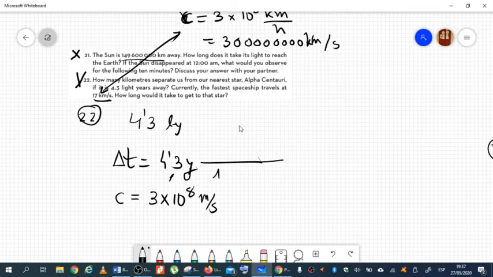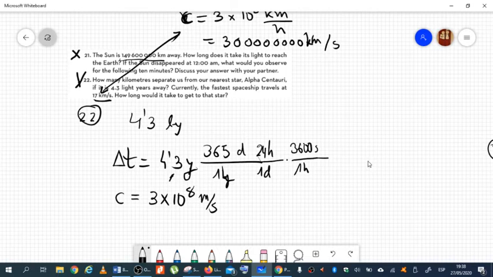So 1 year is equal to 365 days. 1 day is the same as 24 hours. 1 hour is 3,600 seconds.